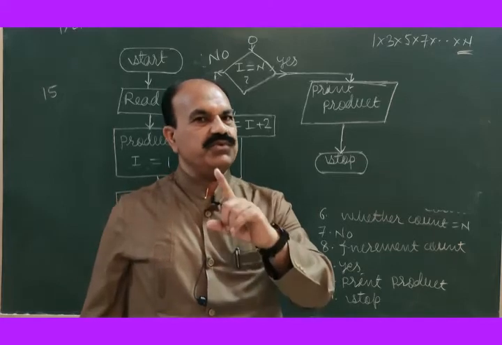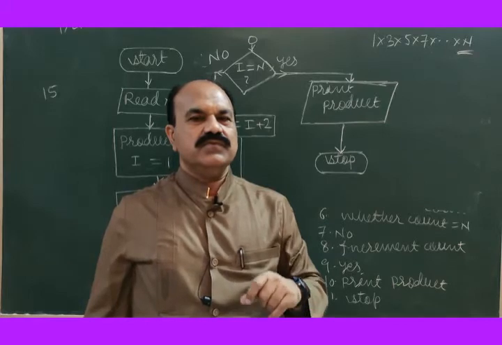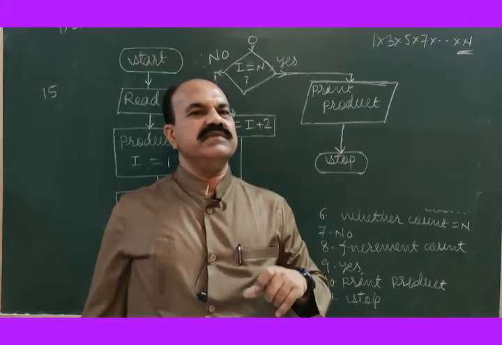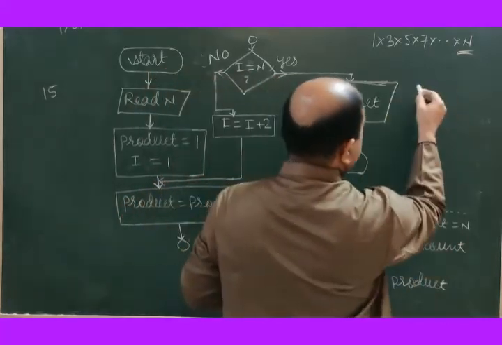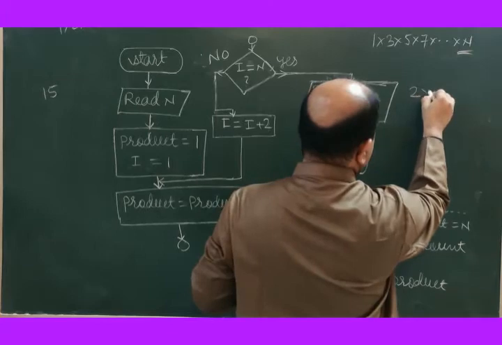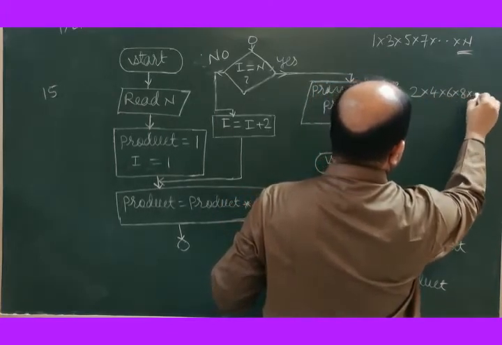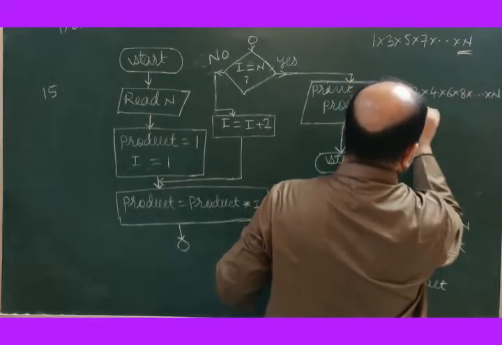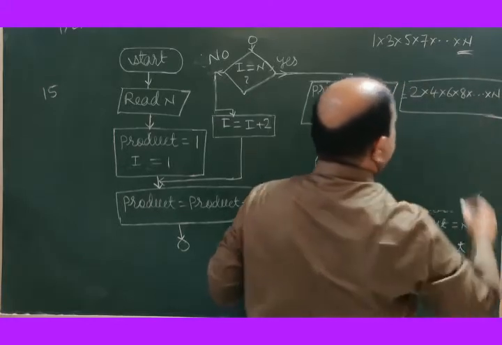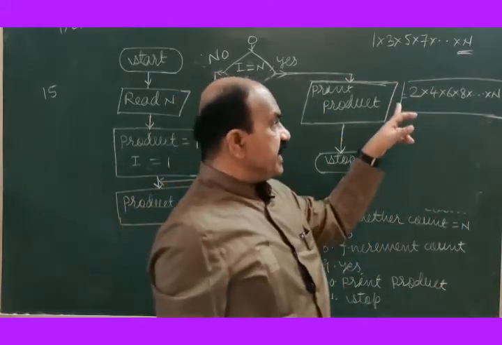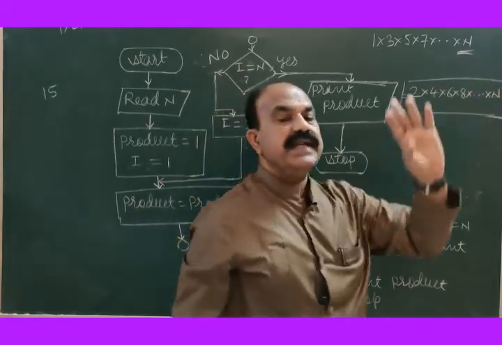I want you to do one algorithm and a flowchart for this series. The series I am giving to you is this 2 into 4 into 6 into 8 dash dash up to n.